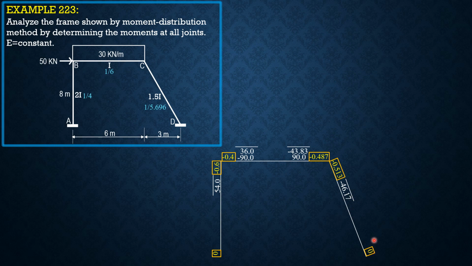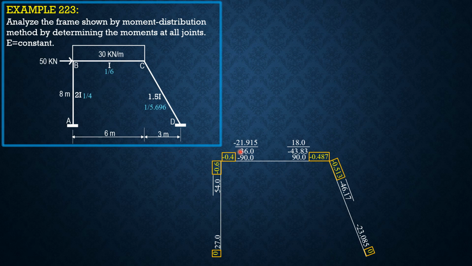Then because there are no moments here, 0, 0. Carry over, so half of 0 is 0 here. Half of 54, 27. Half of negative 43.83, negative 21.915. Half of 36, 18. Then half of 0, 0 here. Half of negative 46.17, negative 23.085.